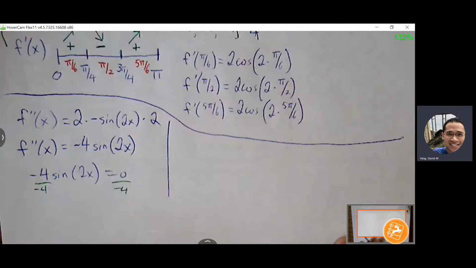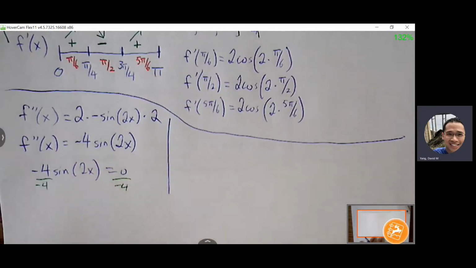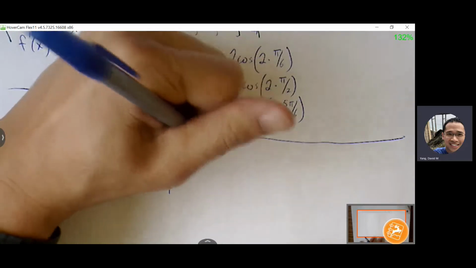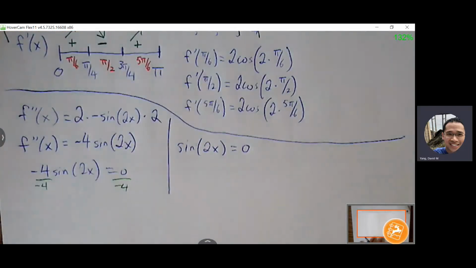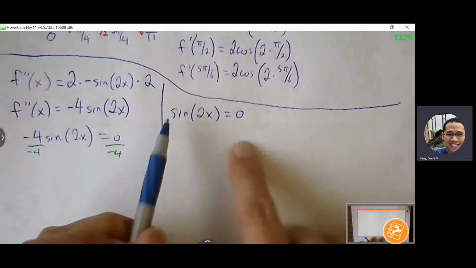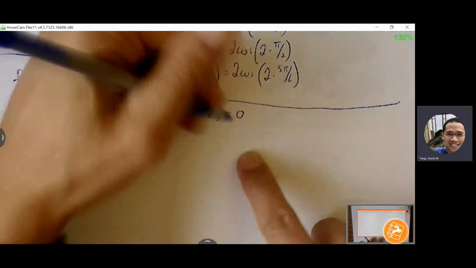So we have an easier thing to test now, or sorry, to gather our critical points. We're just going to look to see where sine of 2x is equal to 0. Okay, again, let's not deal with double angle identity. We're just going to rely on inverse trig. So we're going to force that sine over to the other side.